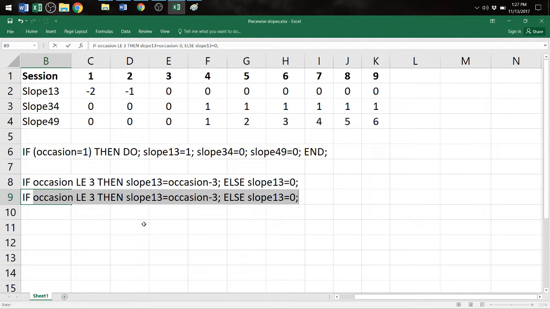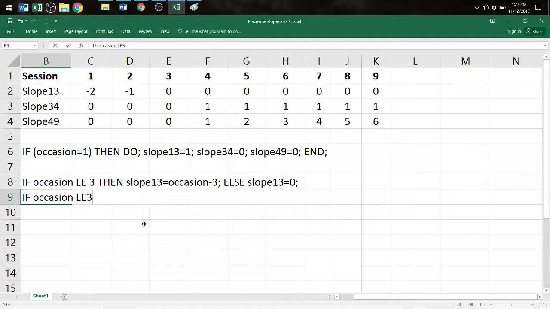Likewise, if occasion is less than or equal to 3, then you could do this here. Slope 3,4 equals 0, else slope 3,4 equals 1.